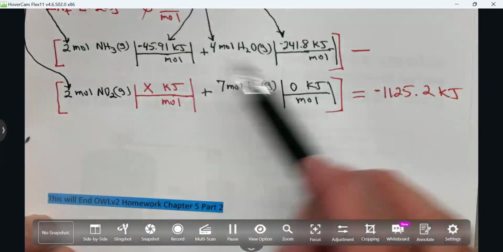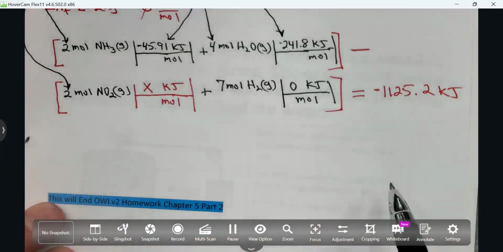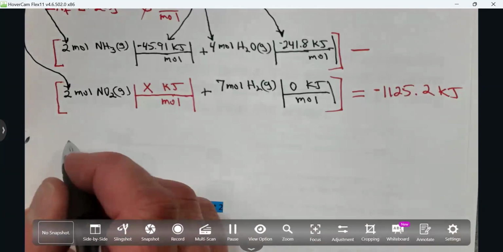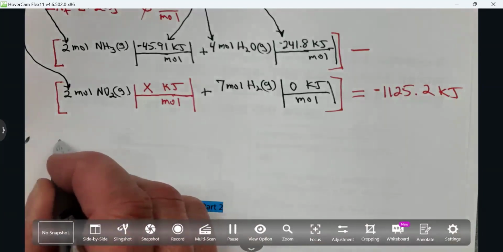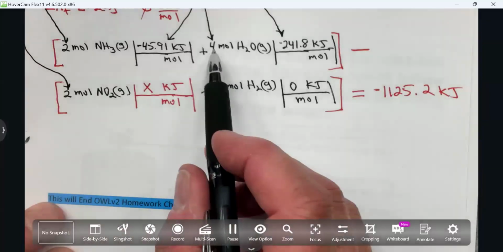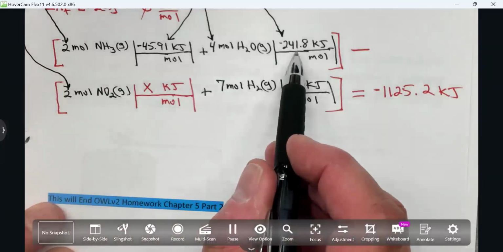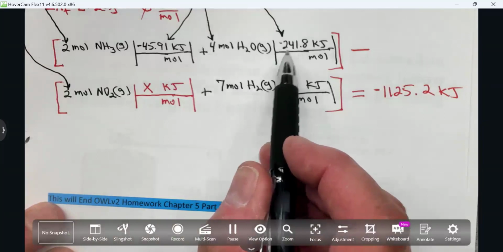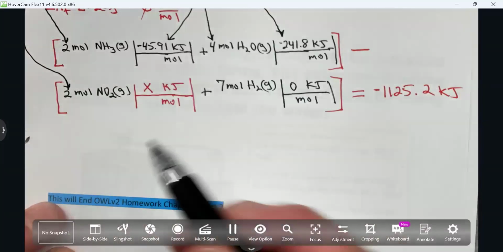So if we do these two for the products, we get 2 times negative 45.91 plus 4 times negative 241.8. It's going to be a pretty big negative number.